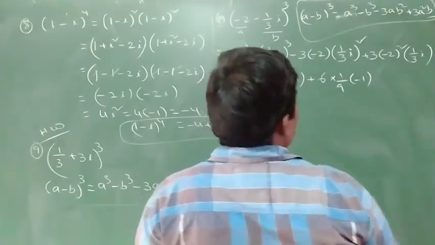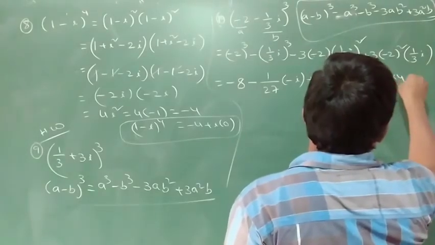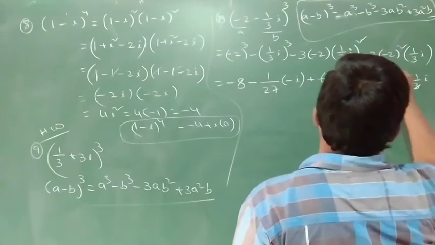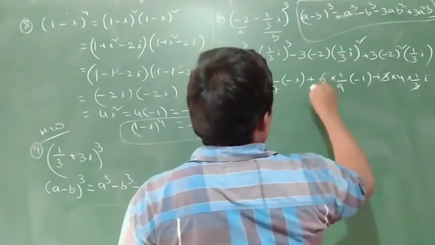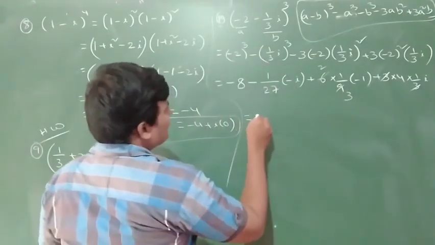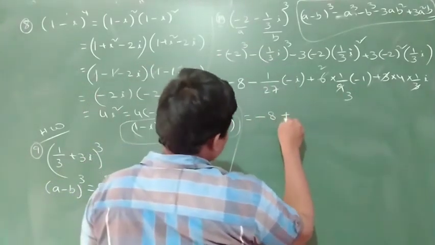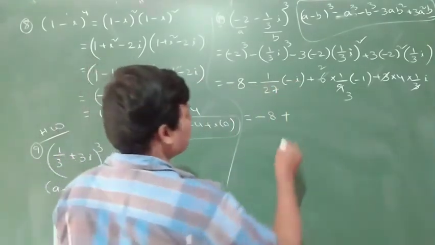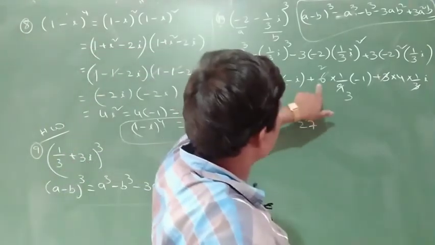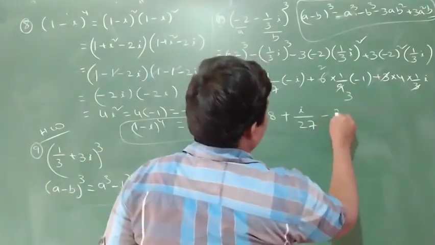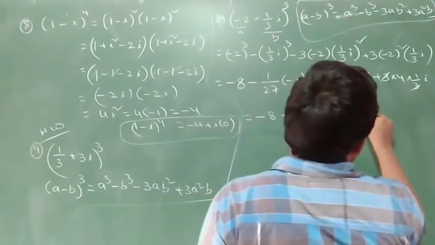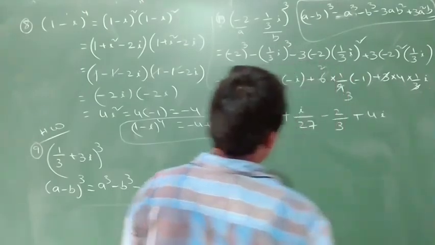So plus 3 into 4 into 1 by 3i. The 3 cancels. So that is equal to minus 8 plus i by 27 plus 2 by 3 plus 4i.